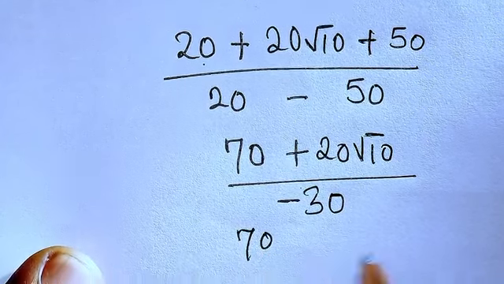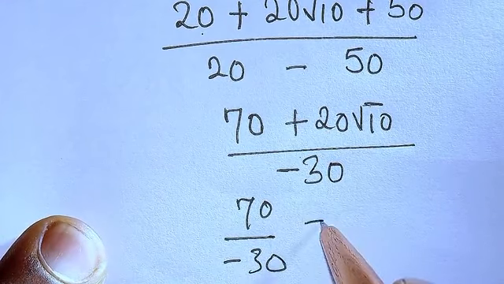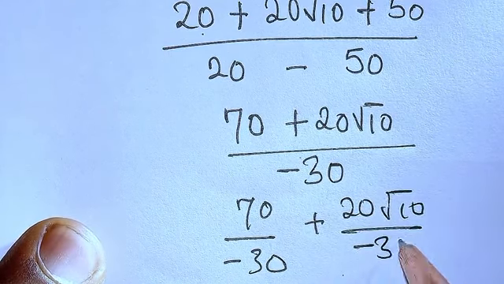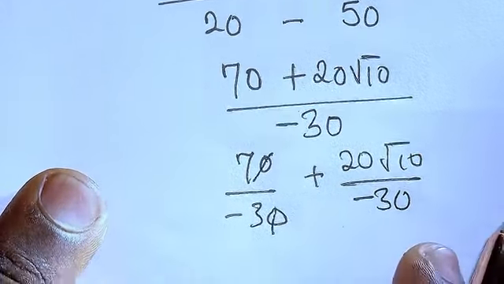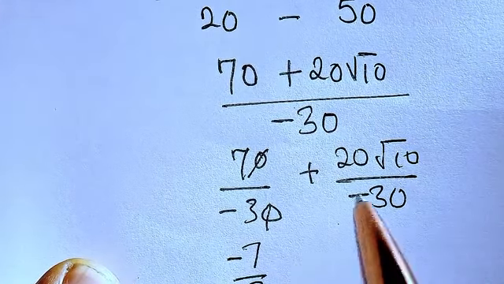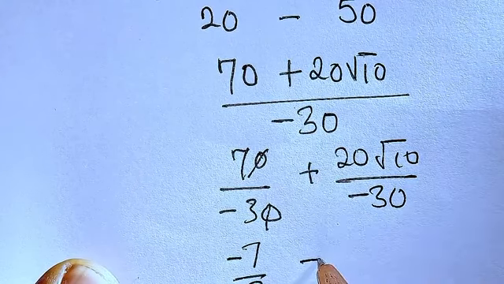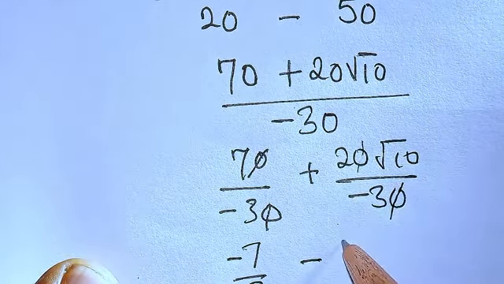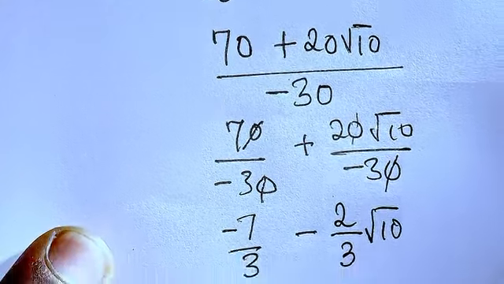I can have 70 divided by minus 30, then plus 20 root 10 divided by minus 30. The 0 cancels the 0 here, and I'm going to have minus 7 over 3. Then the plus and minus, the minus will affect that plus and change it to negative. The 0 cancels the 0 here, and we have 2 over 3 root 10.